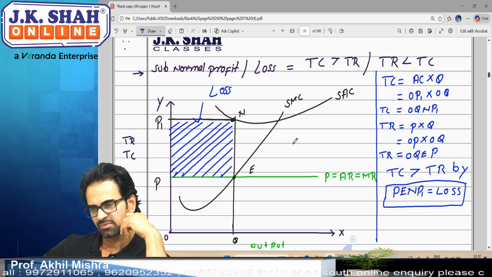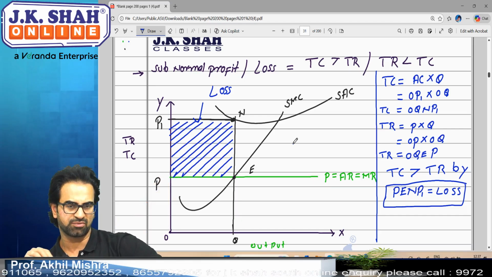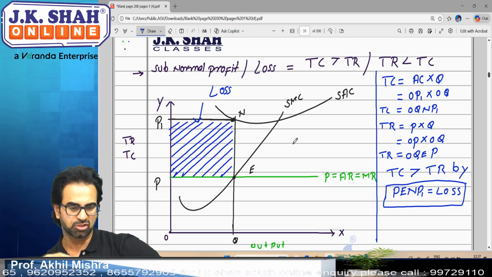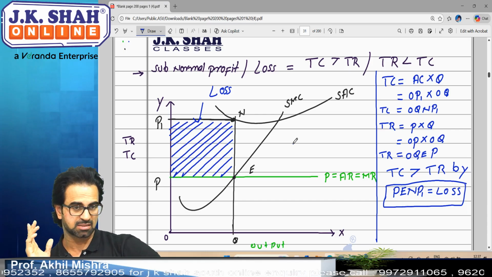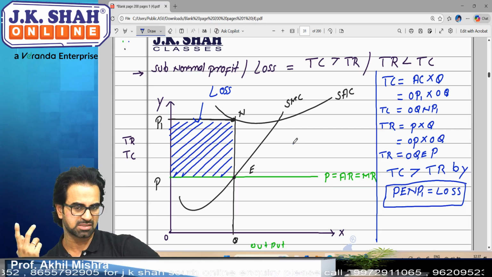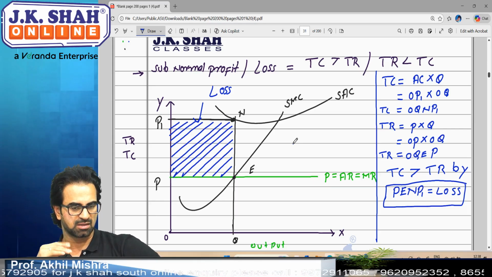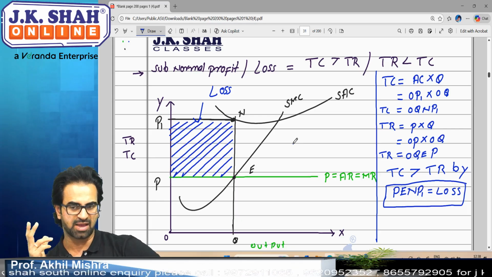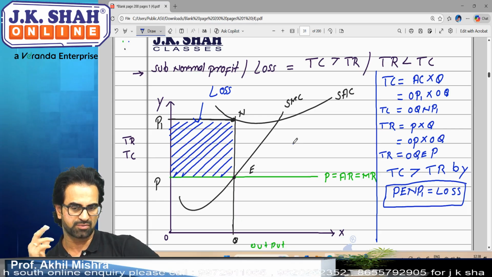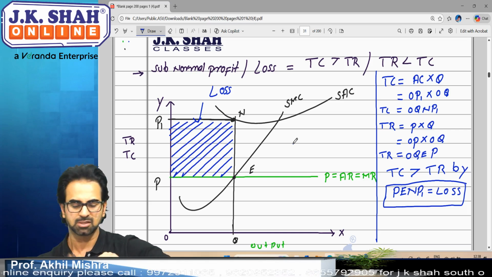But you see that the rate at which average revenue falls is slower, and marginal revenue falls at a faster rate. And if they increase, the average revenue increases at a slower rate and marginal revenue increases at a faster rate. So whether marginal revenue and average revenue are both falling or both rising, MR moves faster. If it falls, MR falls faster. If it rises, MR rises faster. Understand? So this is the whole thing.